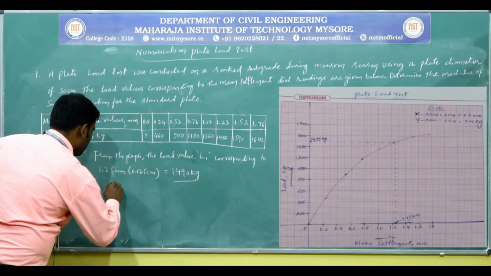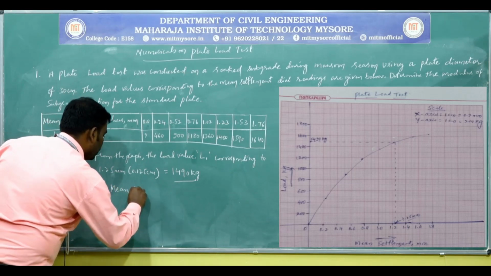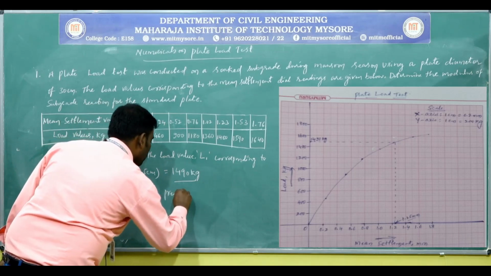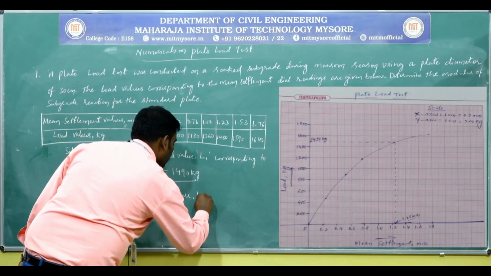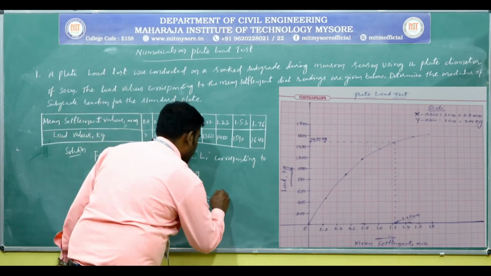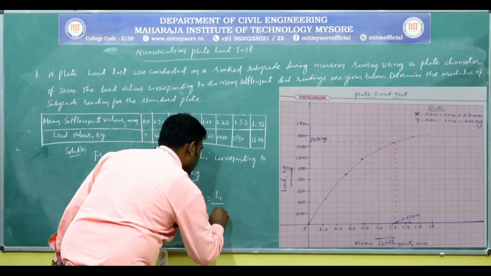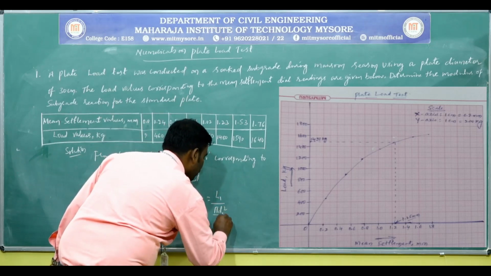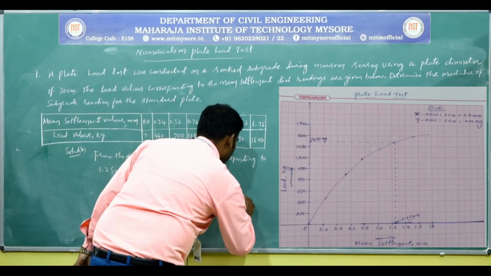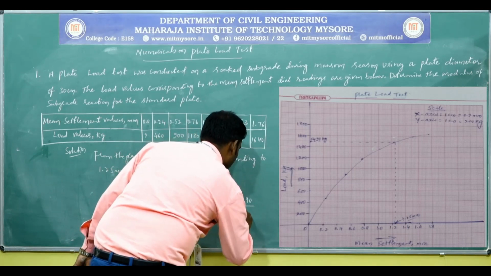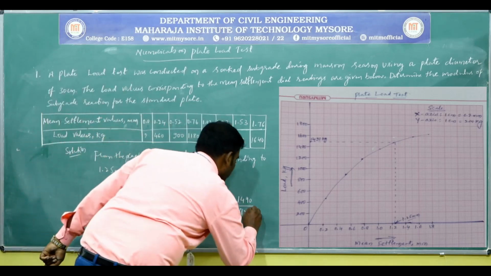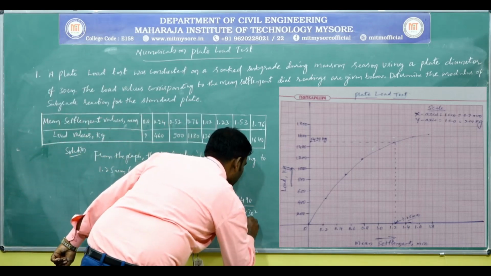Okay, then mean bearing pressure P1 is equal to L1 divided by pi d1 square by 4. Okay, L1 it is 1490 kg, d1 is what? Diameter of the smaller plate they have given, it is 30 centimeter. Okay, 30 square divided by 4.